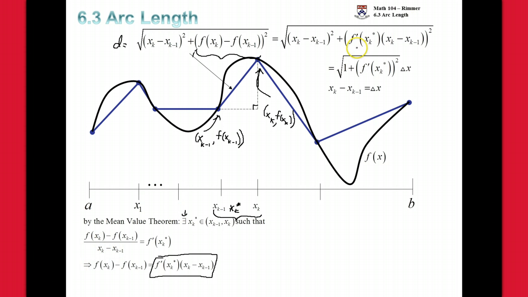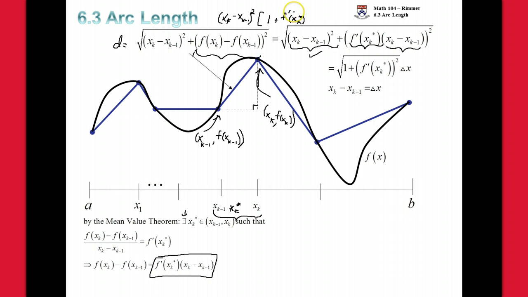If you square the derivative and square this guy, and notice that it's also here, then what we can do is factor it out. Let me write it above here. We're going to factor out the x sub k minus x sub k minus 1 quantity squared. If we factor that out, we'll be left with 1 from the first term and f prime at x sub k star quantity squared.